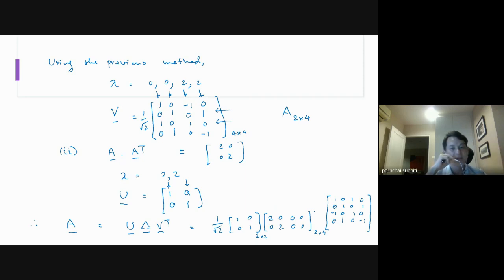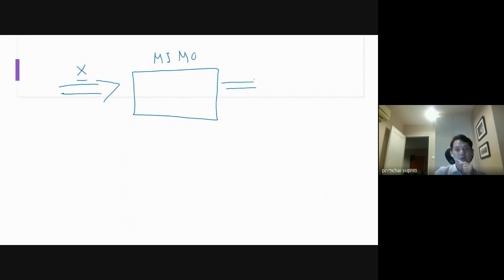You find that SVD is used in many systems. For example, in some communication system that has input X, with a multi-antenna system called MIMO, and then on the receive side you have a Y. Normally the system here is a two-dimensional system, which we can call A. It's a huge matrix.